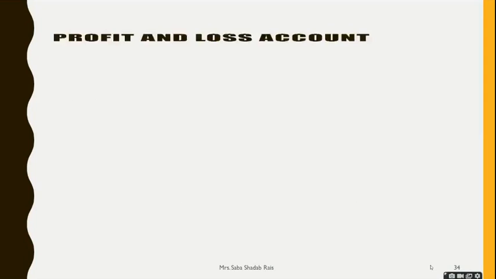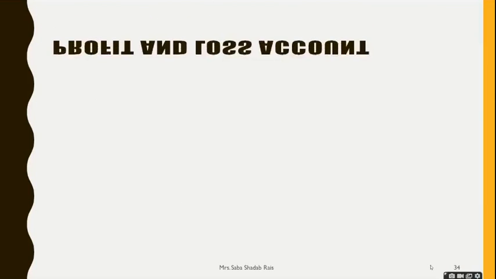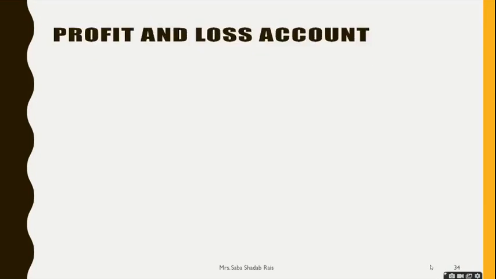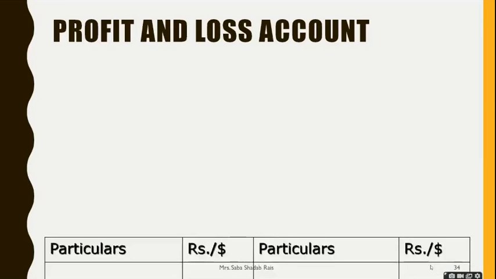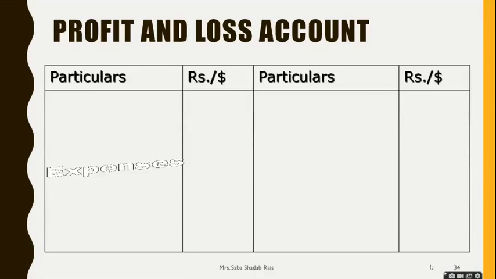Now, since we are doing business, we all need to make the profit and loss account. As I have already told you, for each and everything a separate account is maintained in separate sheets. Likewise we have the profit and loss account. In the profit and loss account, on the left side we write down the expenses.